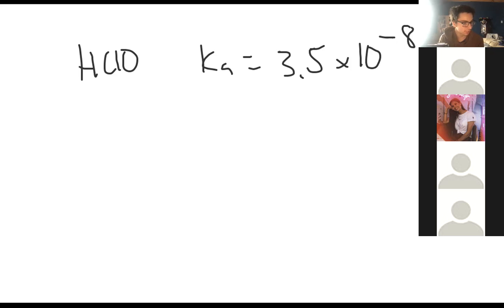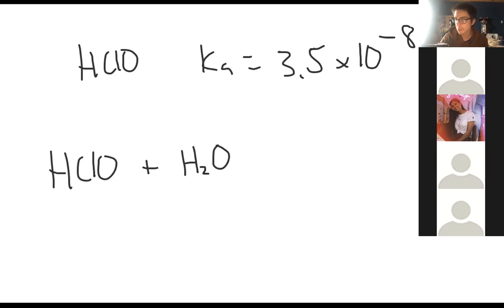It tells us, write the chemistry and the mathematical equation defining this value. So we drop HClO into water, H2O. And it's going to dissociate.